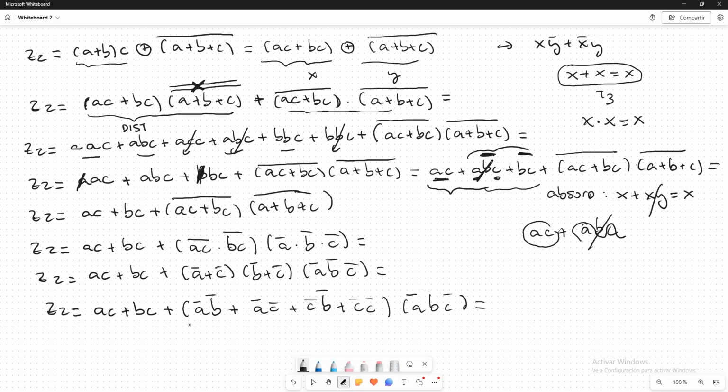So now we are going to see if we can remove some of the terms. We can remove this because it appeared twice, using the idempotent law. Once we have this, we can absorb these terms because C negated appeared here, so we can remove this term with the absorption law.